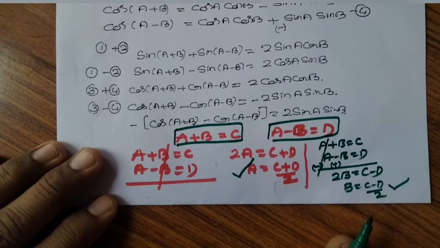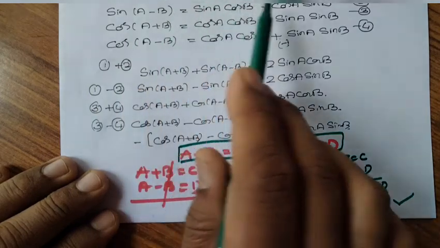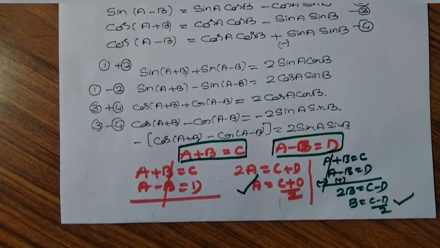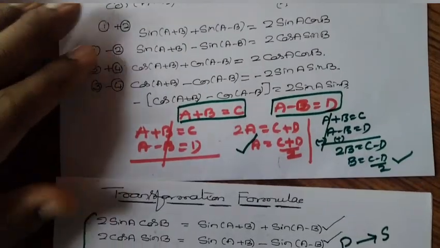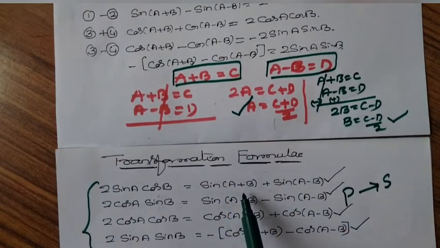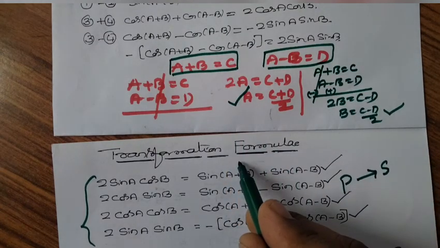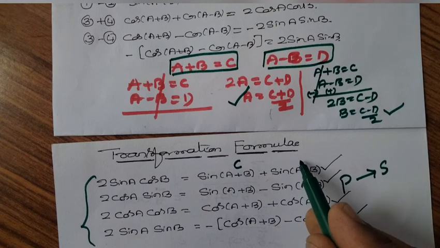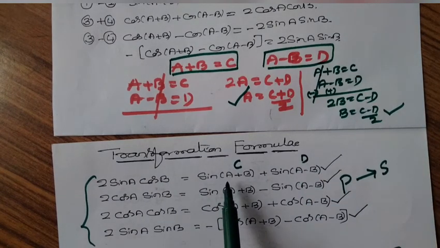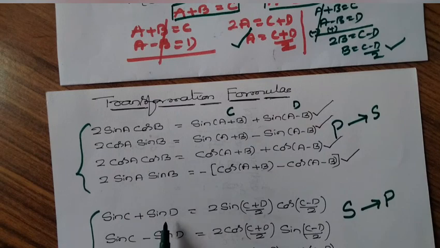Yes or no? Just now I am going to replace A plus B, A minus B, A and B with these values. So what we get here, we observe one by one. In the first set, I am going to replace A plus B as C and A minus B as D. Then it becomes sin C plus sin D. Then next, 2 you write down as it is.